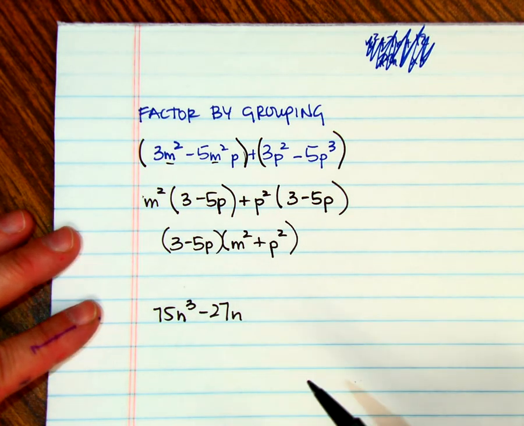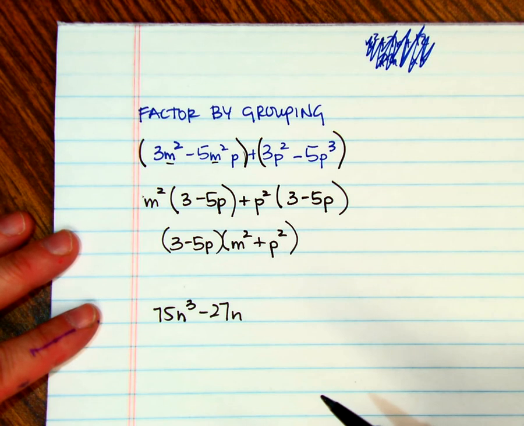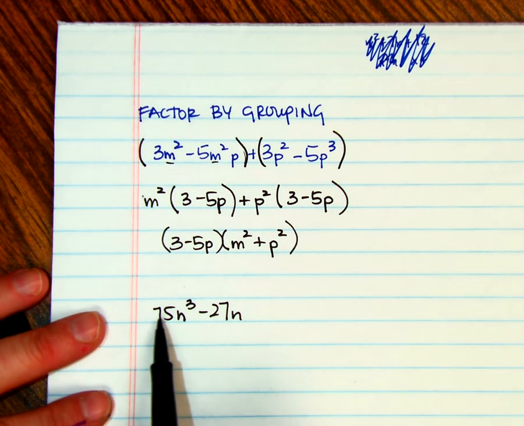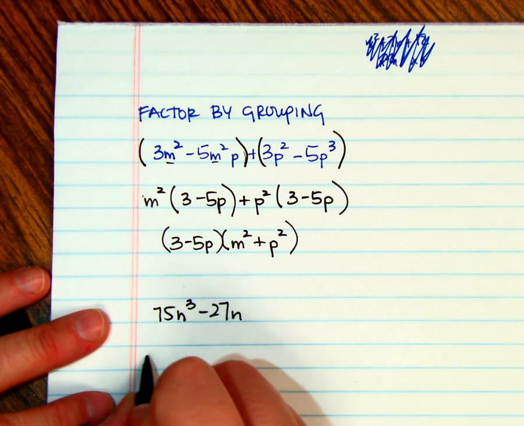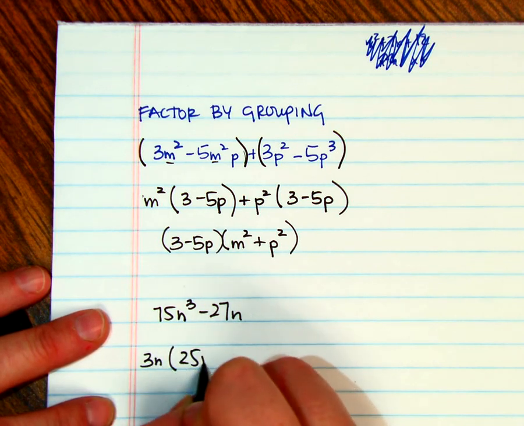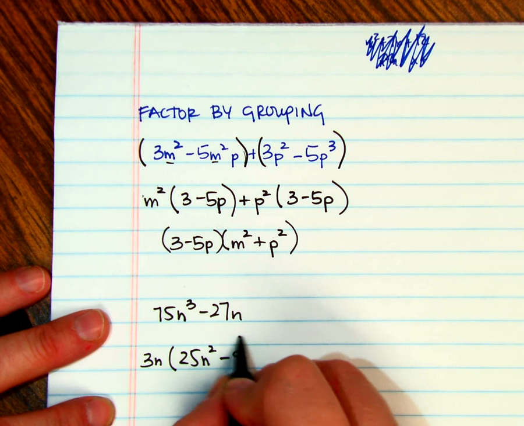It's a binomial, so the only thing it can be is the difference of perfect squares. I always got to check for greatest common factor first. 3 goes in here, and so does n. So that leaves 25n squared minus 9.